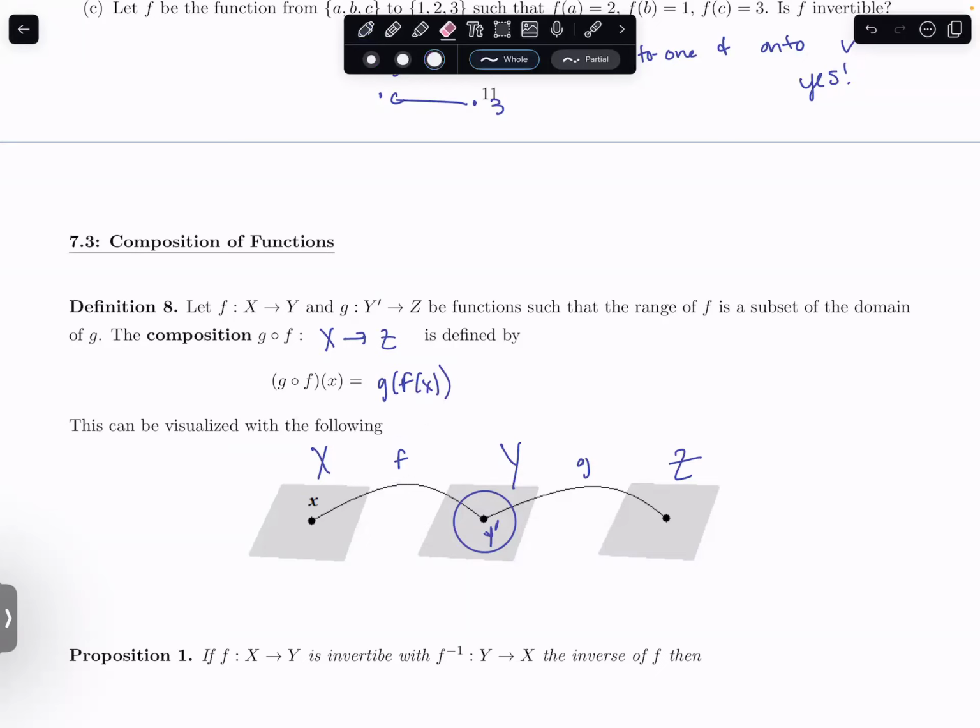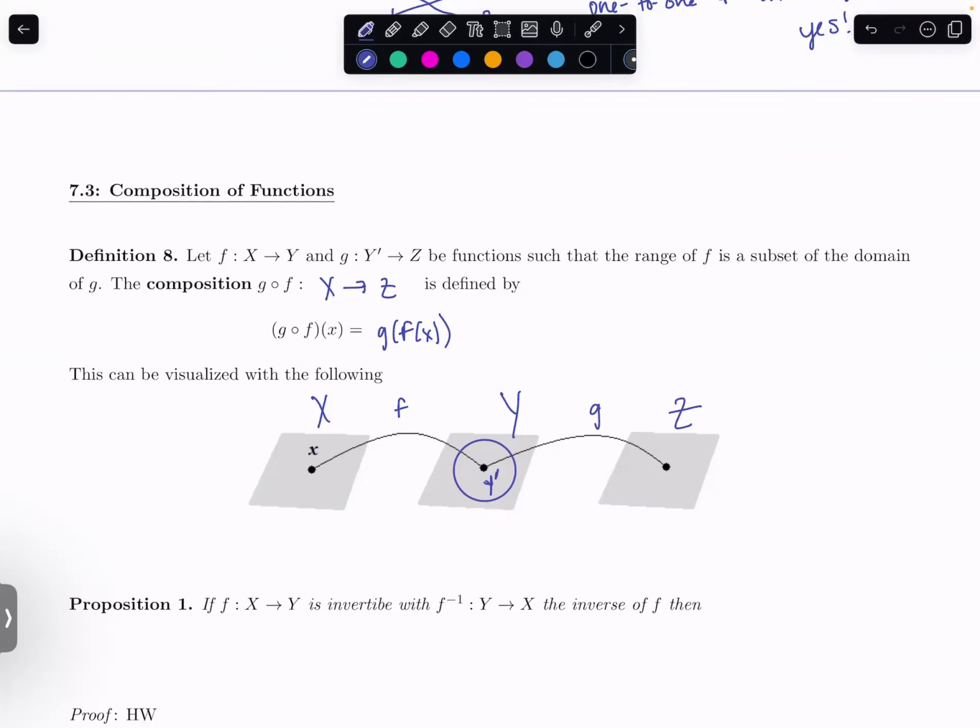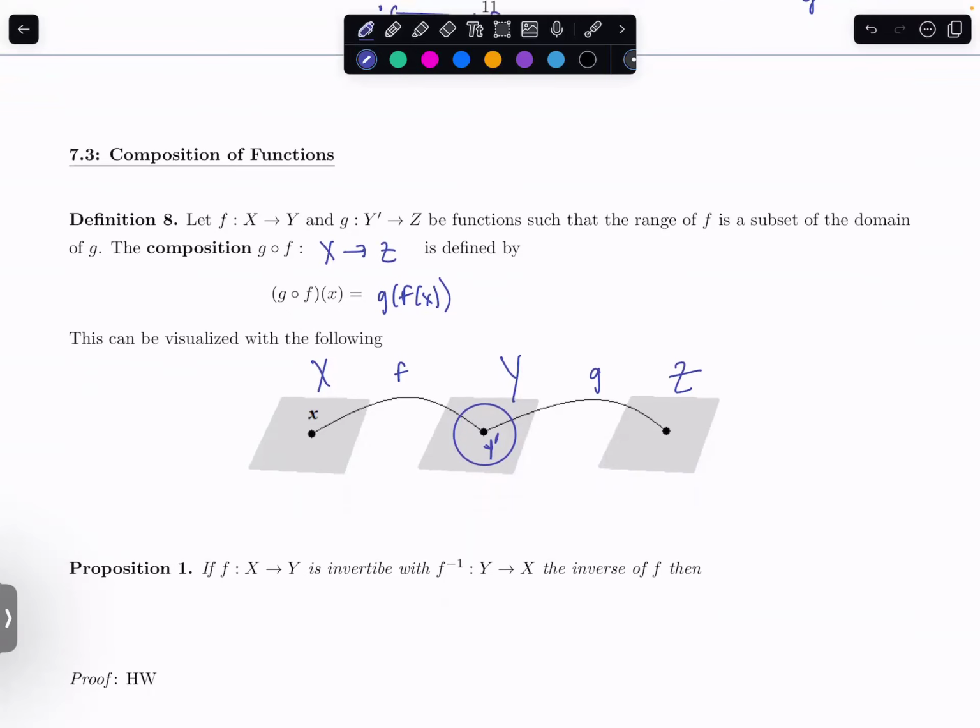So f happens and then g happens, and you end up moving from your original set X to this final codomain Z. If you're tracking a point in here, x is there, f of x is right there, and then this is g of f of x.